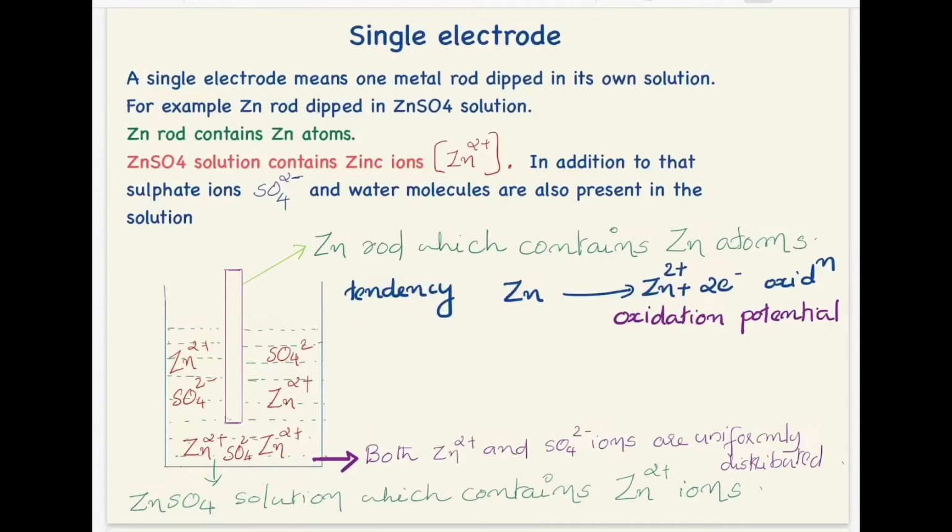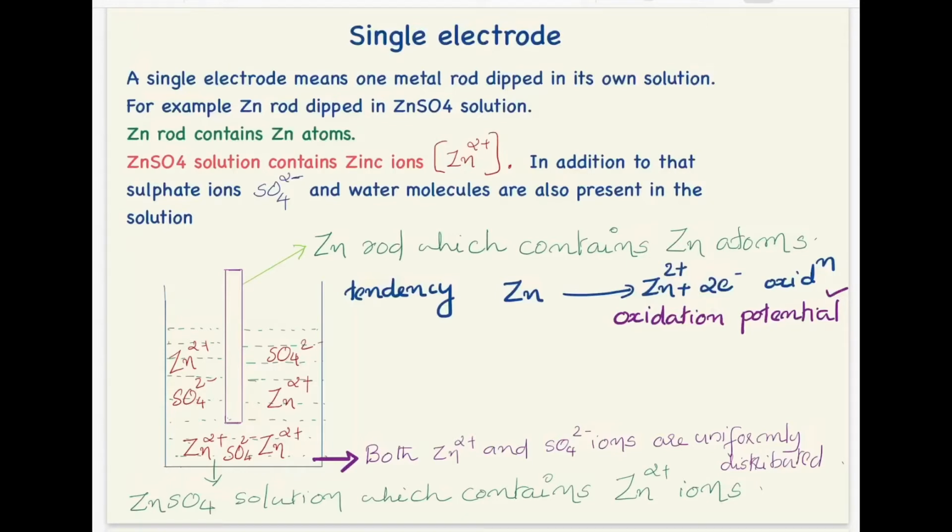So the single electrode, that is zinc dipped in zinc sulfate solution, in which the zinc atoms in the zinc rod have a tendency to release electrons and become zinc ion and go to the solution. This reaction is oxidation. This tendency is known as oxidation potential.